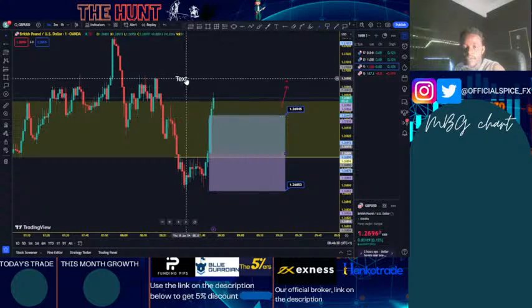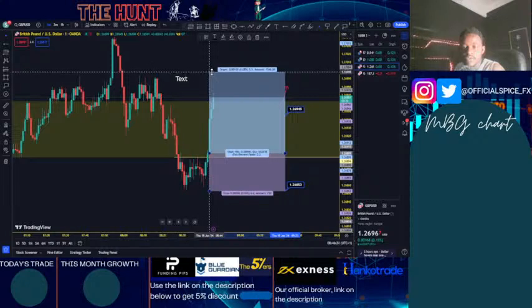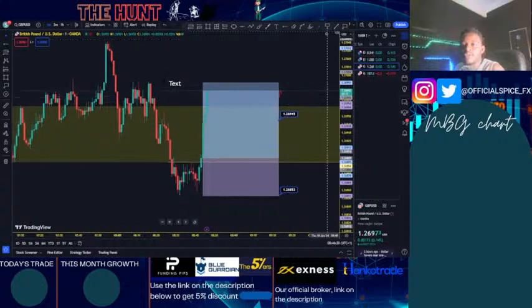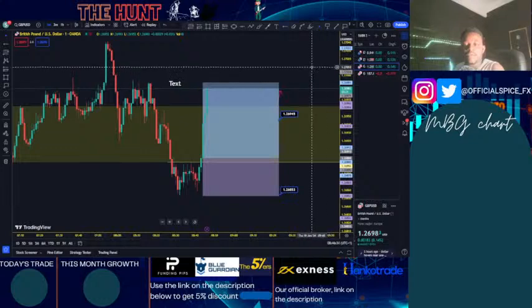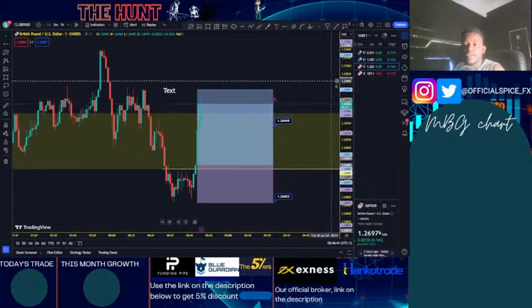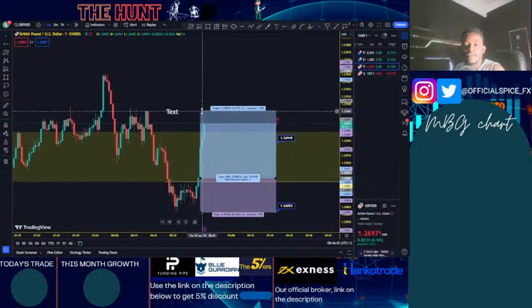Now let's project 1 to 2. When we project 1 to 2, I'll close 5% of my open position. I love this.